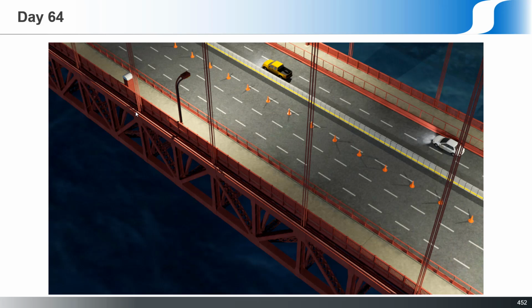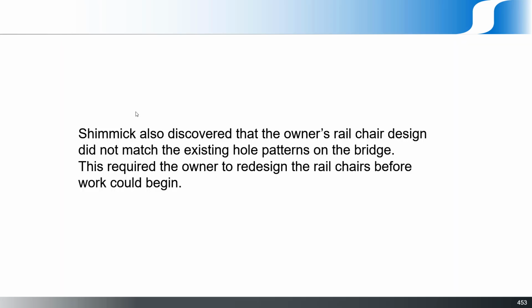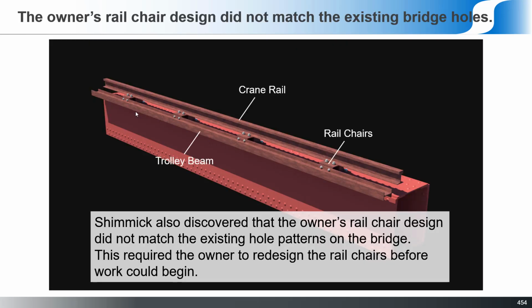So it was a tedious animation, but it also demonstrated the immensely tedious process that was forced on our contractor by the changes, not only the condition of the bridge, but the changes that the owner made in midstream. Then we found that the design for the rail chairs didn't match the holes on the bridge.